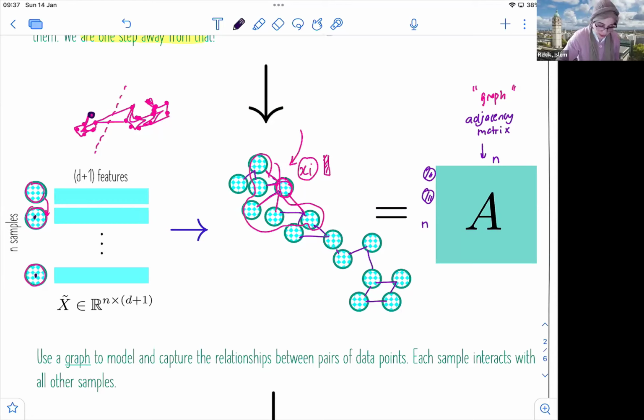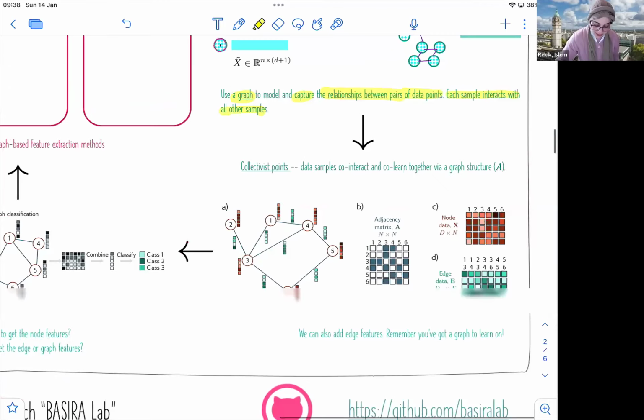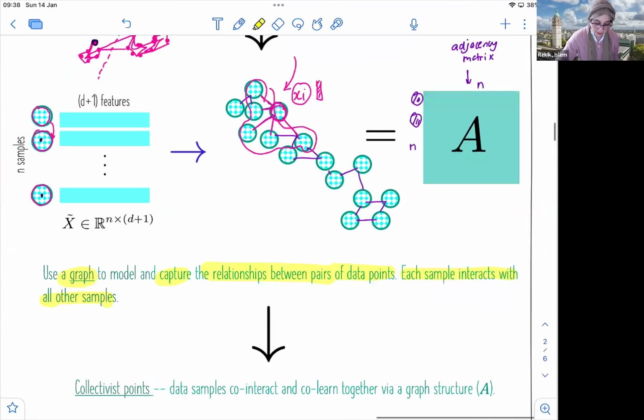Okay, so basically it uses a graph to model and capture the relationships between pairs of data points, and each sample interacts with all other points. So this is the second learning paradigm.